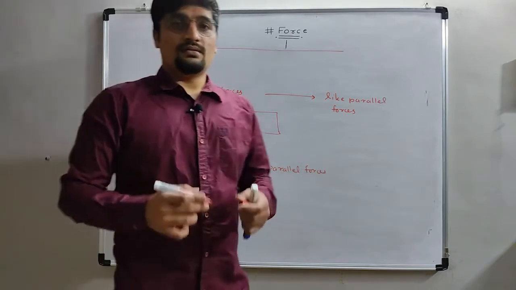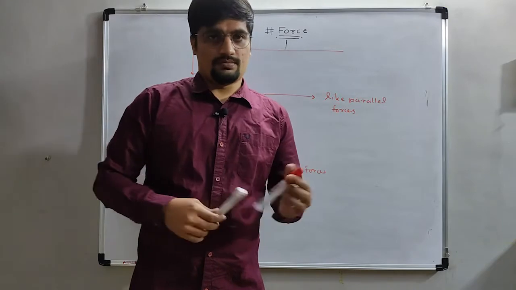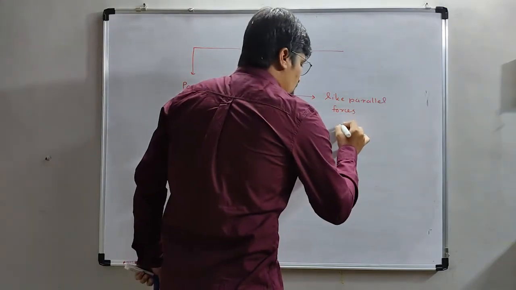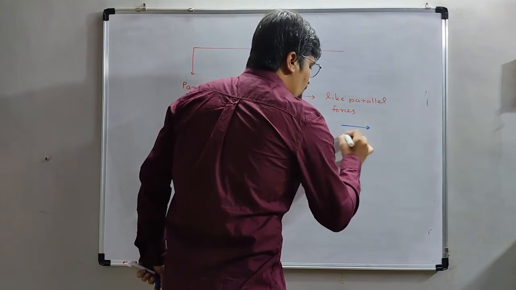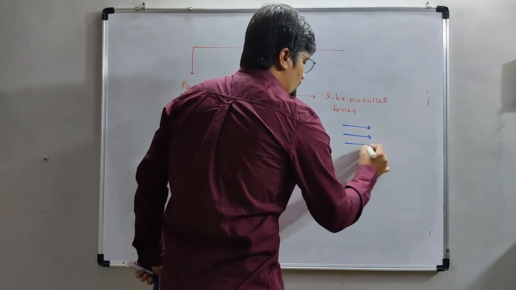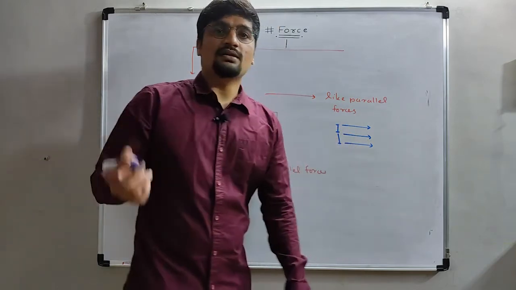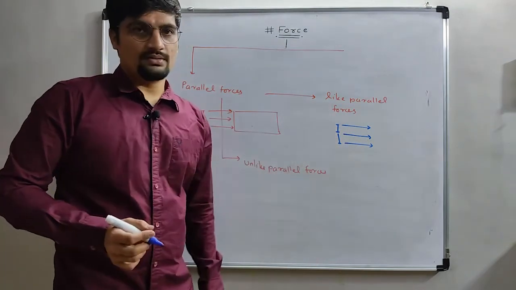How can we differentiate these two? Like parallel forces means the direction of the forces is the same and the spacing between these two is also the same. Then it is considered as like parallel forces.